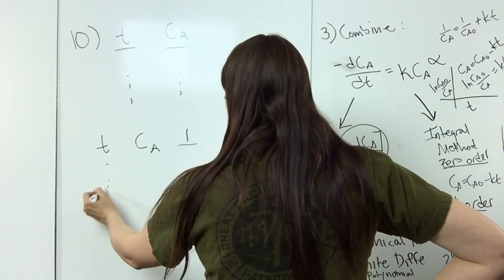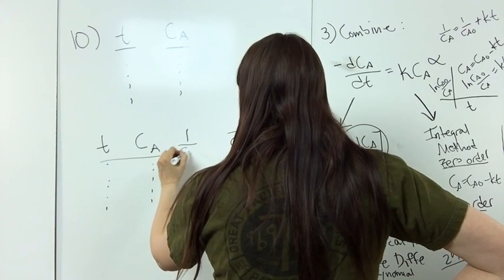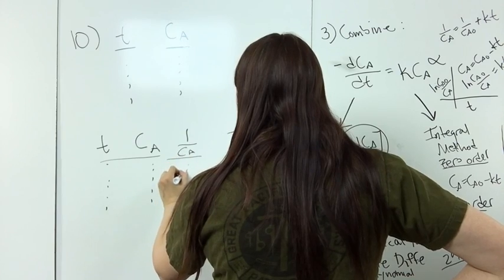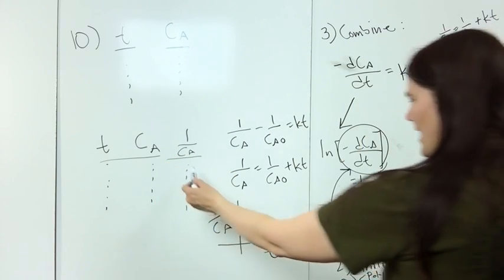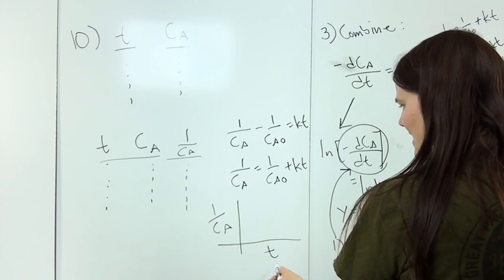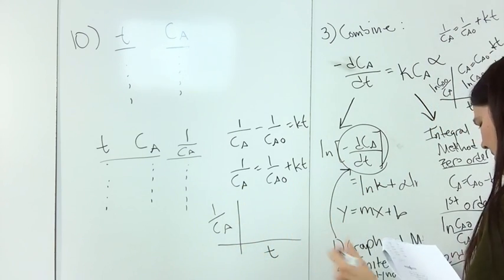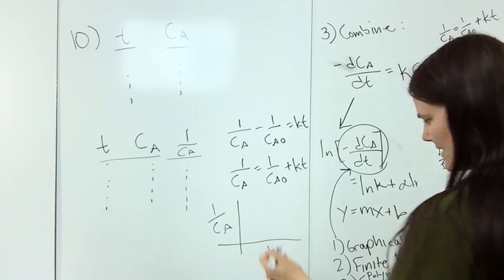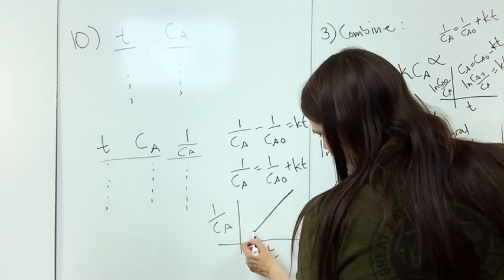I have the data for t, CA, and then I'd want to do another column and just calculate 1 over CA. Then you can plot 1 over CA versus t on your calculator, and you'll get some line, and it will probably end up looking something like this.